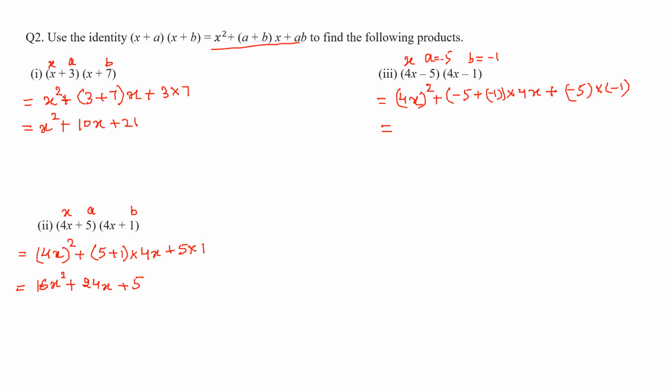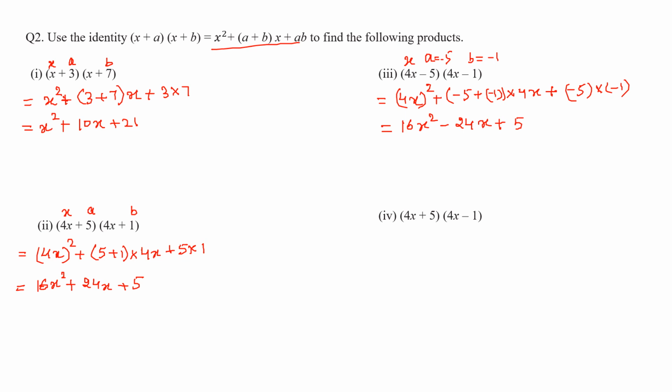There are negative numbers. Now (4x)² will give you 16x². If you add minus 5 and minus 1, you will get minus 6, and minus 6 into 4 is minus 24x, plus minus 5 into minus 1 will give me 5, because there are two negative numbers. The product of two negative numbers is positive. So this is your third question.